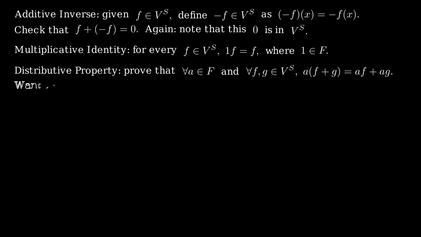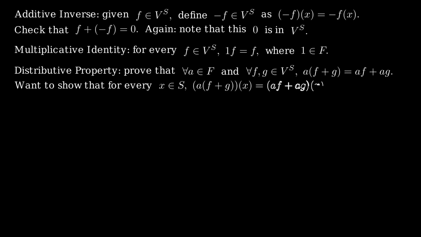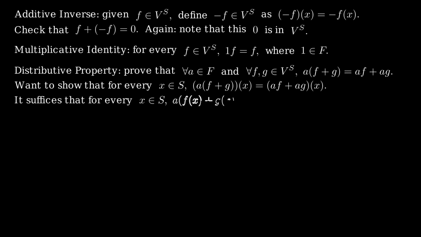This requires proving that the two functions at each side of the equation are equal, which can be proved by showing they are equal at every x in S. Again, using the definitions of addition and scalar multiplication in V power S, this can be reduced to the following equation. This is true thanks to the distributive property in V.